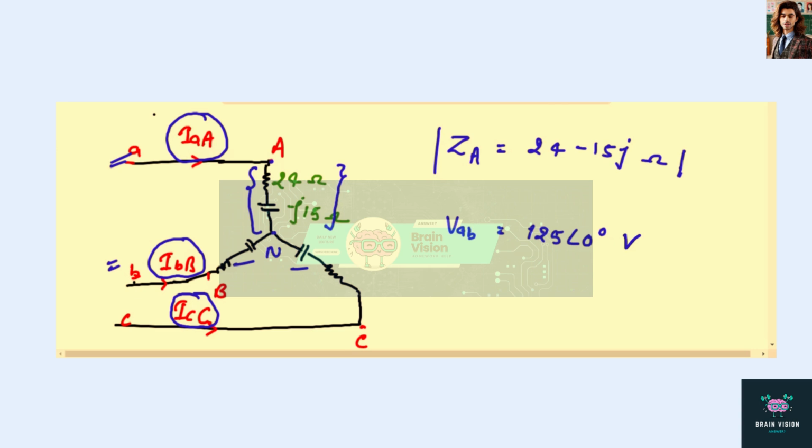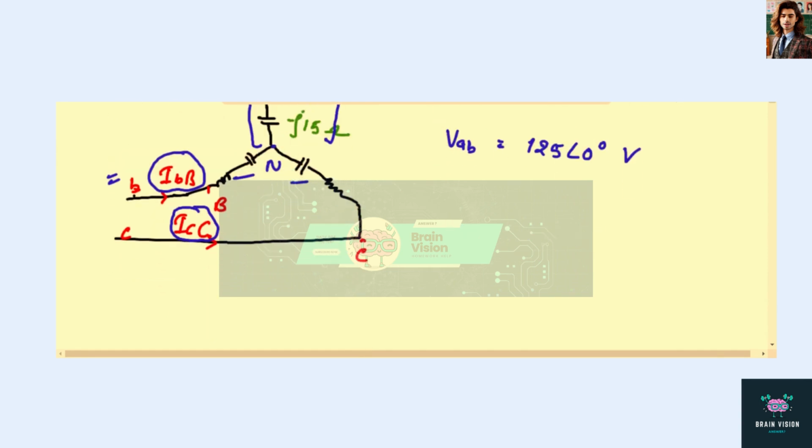Our aim is to find the line current I_aA, and this is a balanced Y connection. So if we find one of them, we can use the property of the balanced connection: the magnitude of all the line currents I_aA, I_bB, and I_cC will be the same, but the phase difference must be 120 degrees.